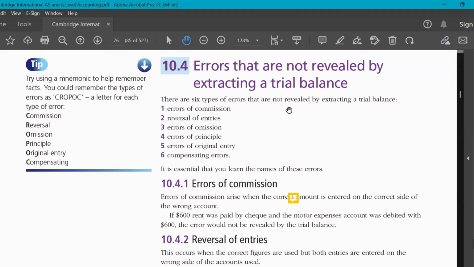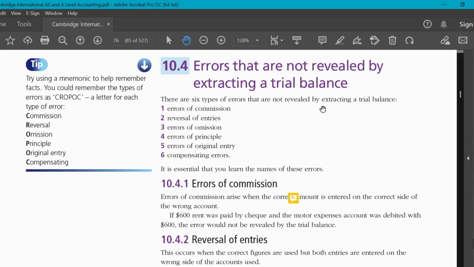A trial balance only shows whether the total debits are equal to total credits. And always remember that it's just a first check for accuracy. But of course, there might be some errors which are not revealed by extracting a trial balance. There are six types of errors that are not revealed in a trial balance.